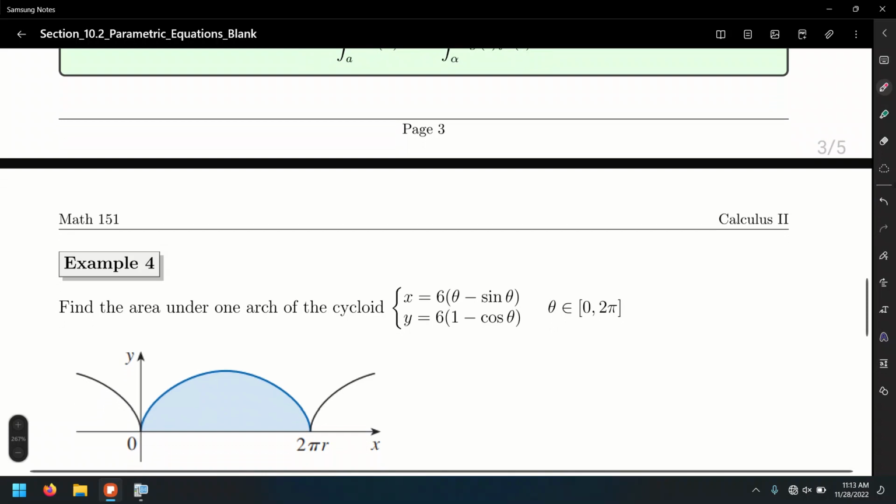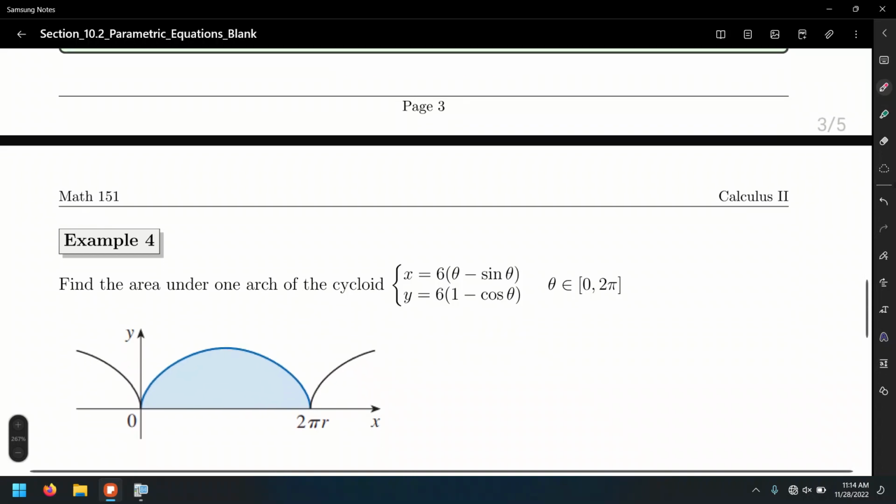All it does, it's like a particle bouncing periodically by multiples of 2 pi based on the radius of that semicircular type of shape. And we're going to look at the area below one of these arcs, not the whole thing.